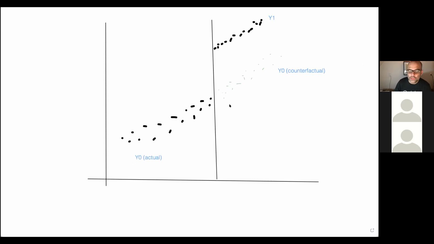All right, so this is the running variable, and this is outcome Y. So how do we think about the running variable? Y0 equals X plus X squared plus error, right?